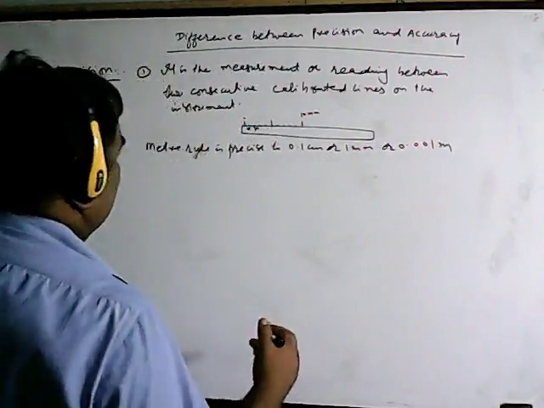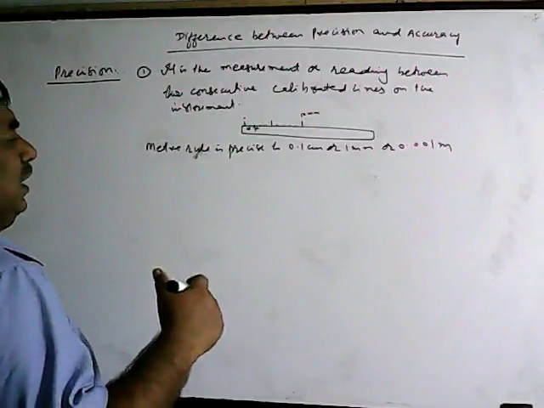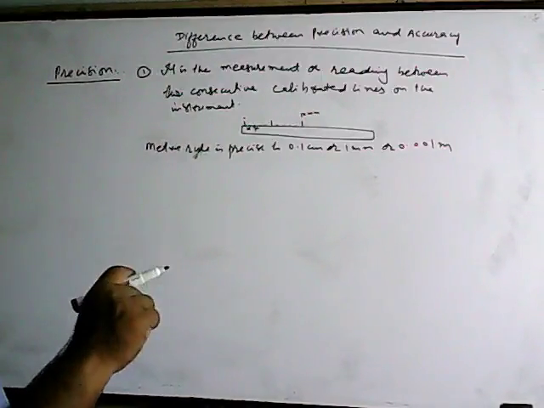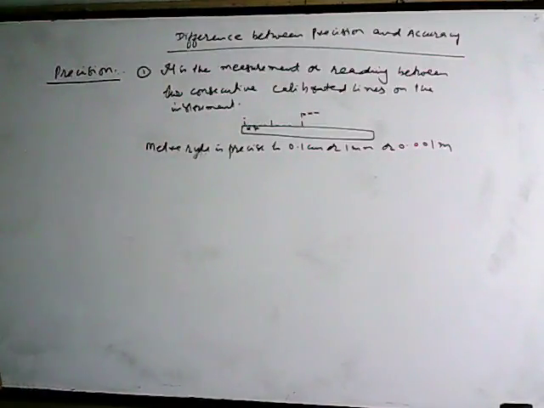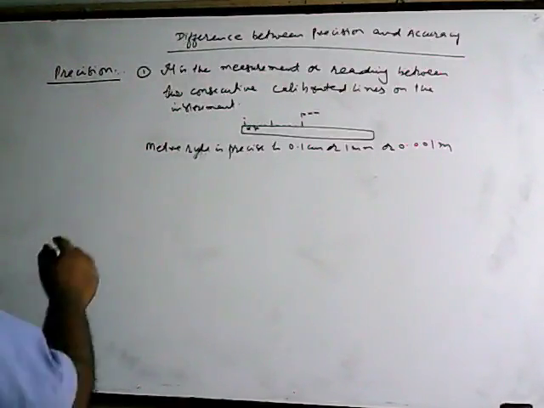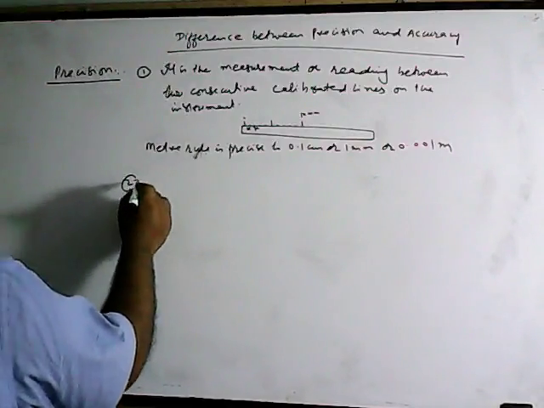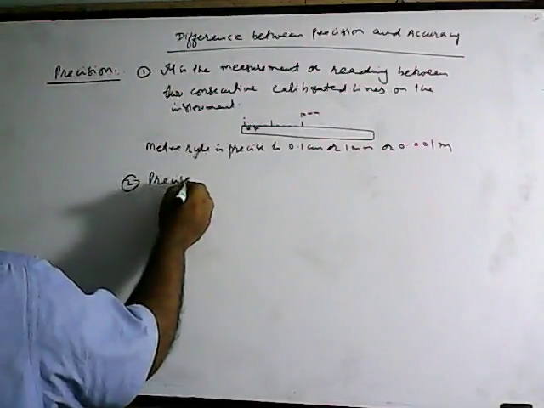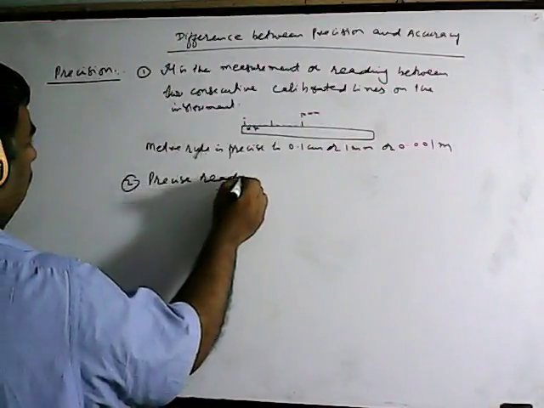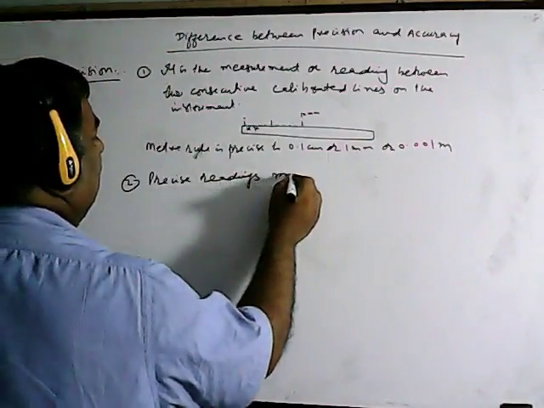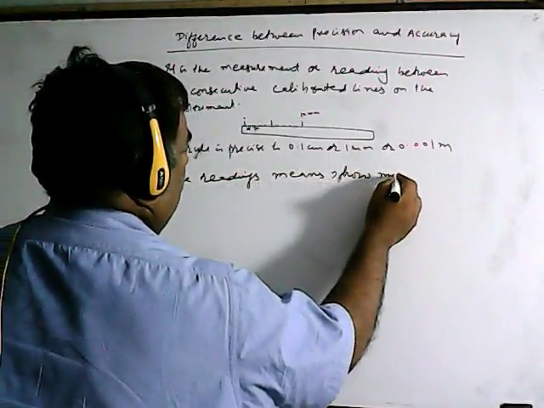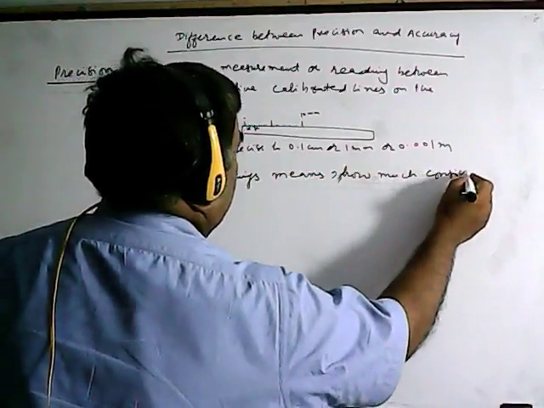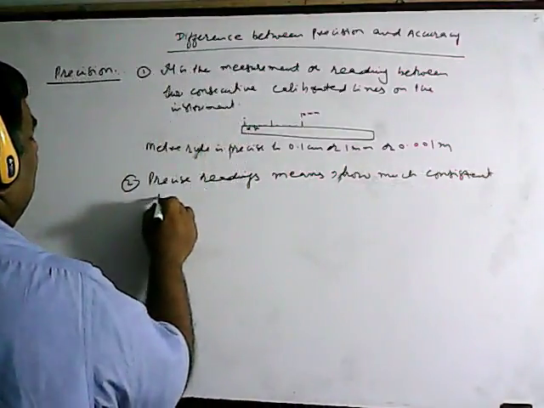For example, I can say a protractor is precise to 1 degree. That is the extent to which a reading is accurate, or closer to the value. That's one meaning of precision. The other meaning of precision is this: precise readings means how consistent the readings are.